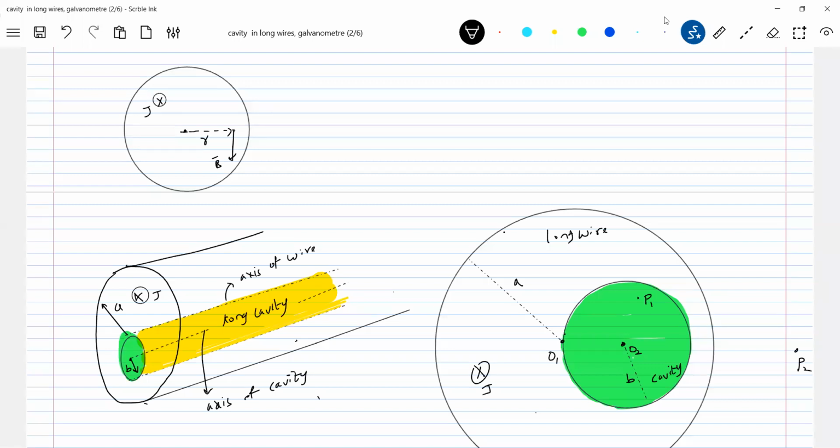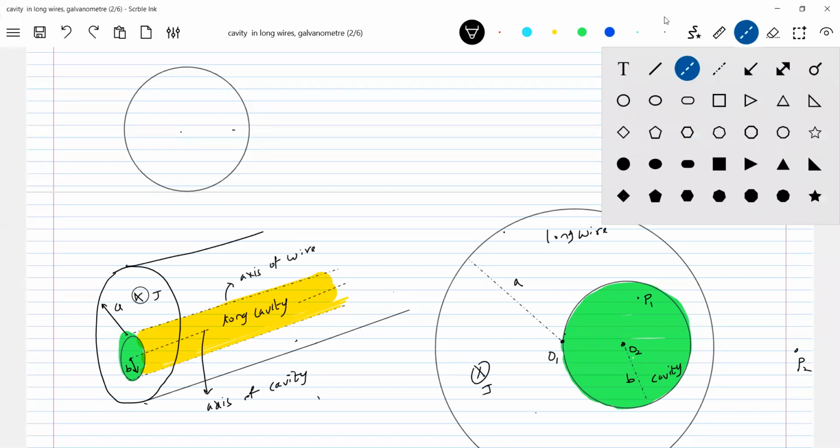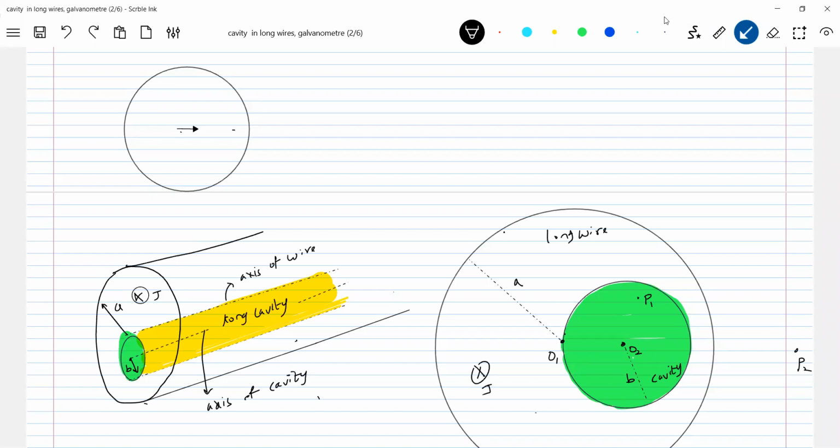And this is R bar, no? Let me give those vectors. One more very important formula. This is R bar, and this will be B bar, no? And this is the current density. Now, this is R bar, this is the resultant vector B bar. Any relation between these quantities? There's a long wire.